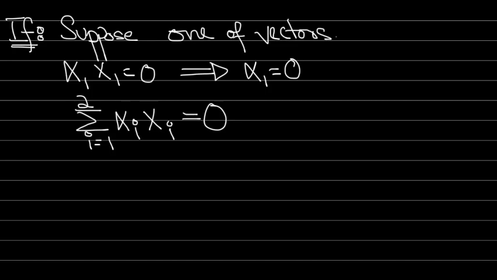For a linearly independent set, again we have that alpha i is equal to 0. This can be true only if our alpha i's are 0, because xi's cannot be 0, since we said that we're dealing with a set of non-zero xi's, right?